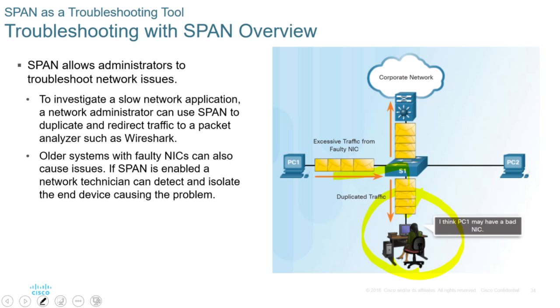Are there any issues in the network? Is any part of the network not functioning? Is any particular type of traffic unexpectedly happening more? There are many reasons why we may use SPAN. It is a way of monitoring, and by monitoring we can gain a lot of understanding, and then we can act upon that.